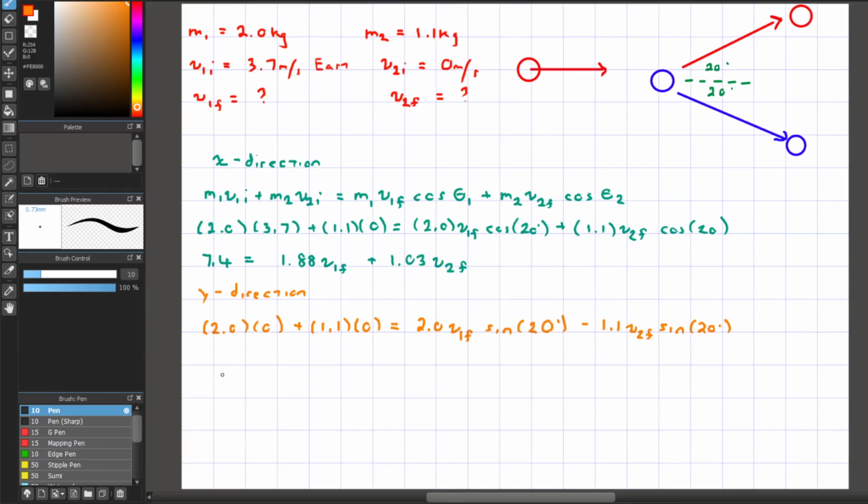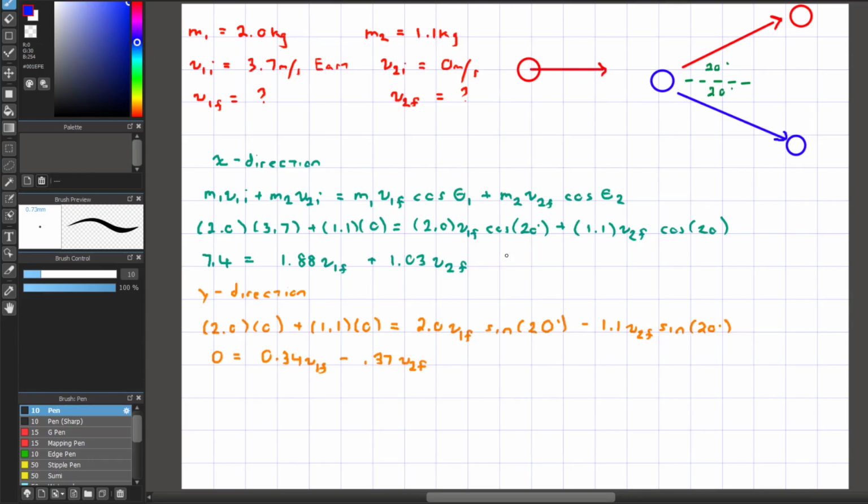If we simplify everything, on the left side, we're going to have 0 equals 0.34 V1F minus 0.37 V2F. You might notice where I got that negative sign from. It's because the second object, M2, is going in the downward direction. Same thing as before, you'll also notice we still have two unknowns.